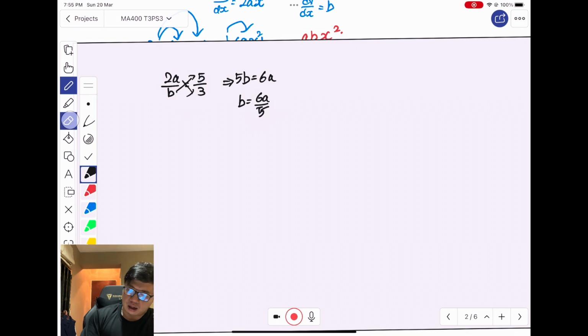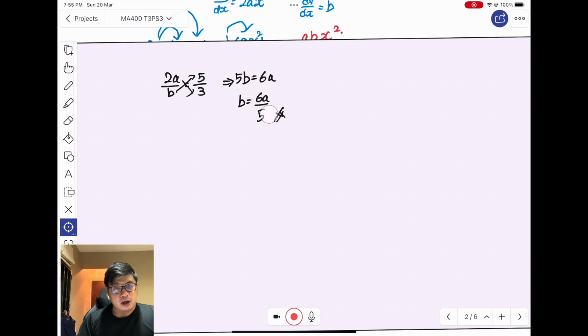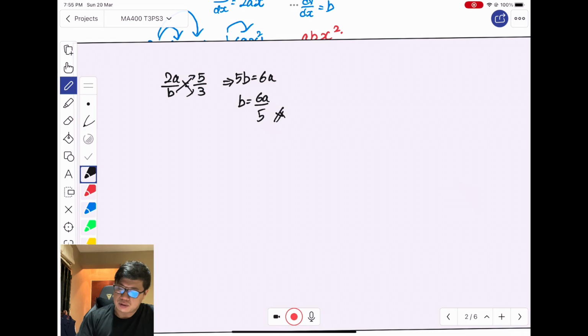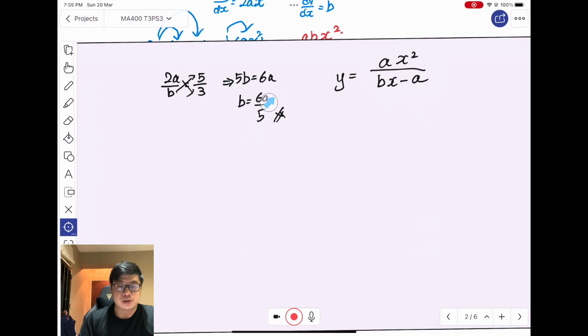Okay, and from here, how do we leverage upon this information? Let's try with this. We can substitute. We know that the original equation is y equals to ax² over bx minus a. I substitute this as my b.